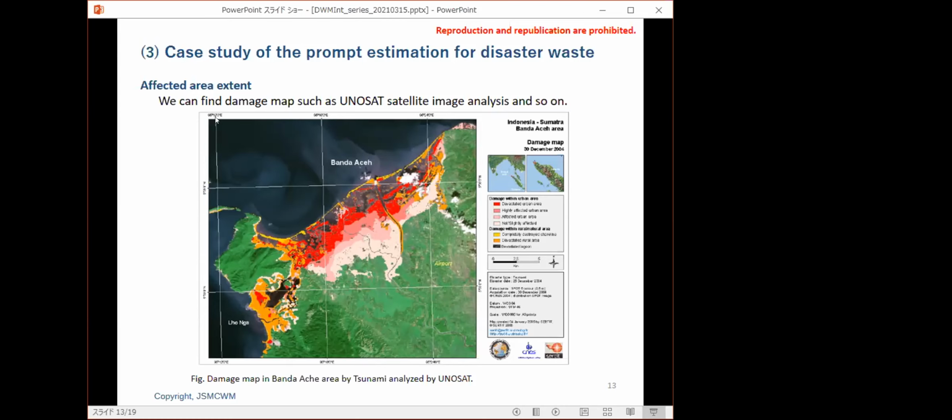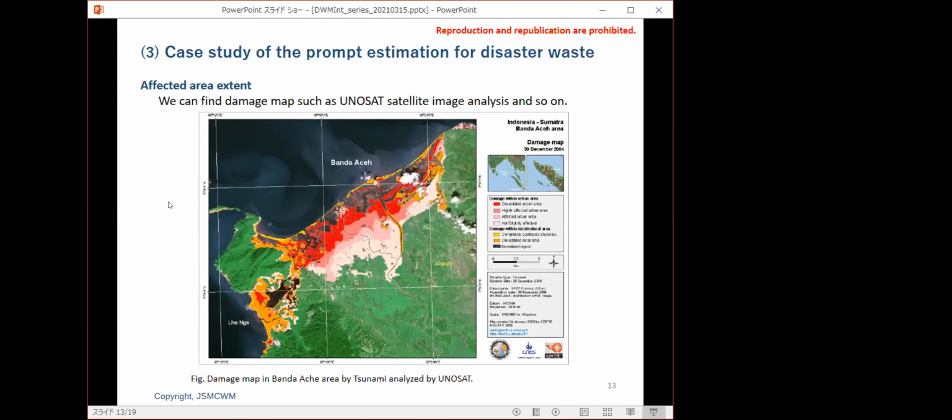So this map was created by UNOSAT, the United Nations organization, and we can understand the red area was mostly damaged by the tsunami disaster, and the gradation shows the medium or light damage.